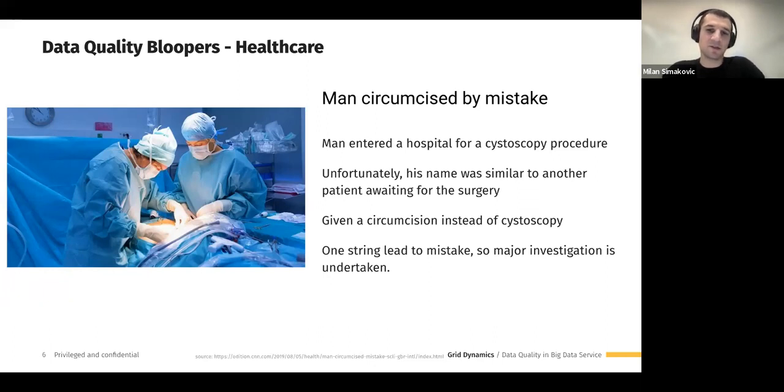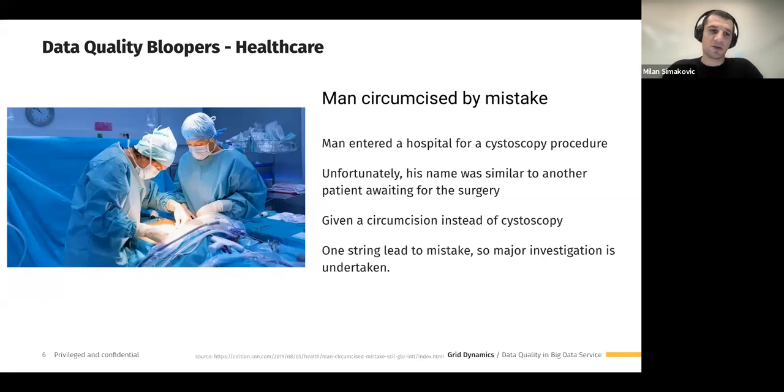It happened that they switched one patient for the other, and gave the patient the wrong surgery. This is a very huge mistake, and a big investigation was undertaken related to it.